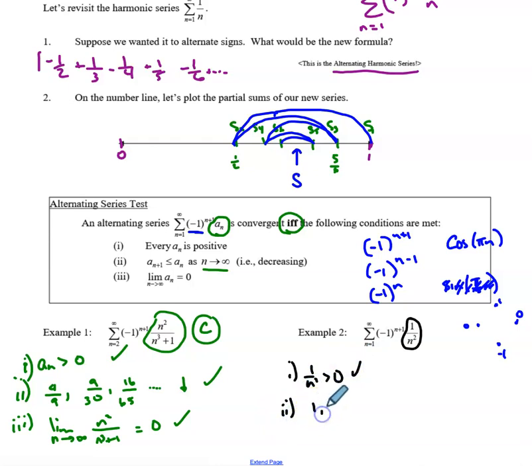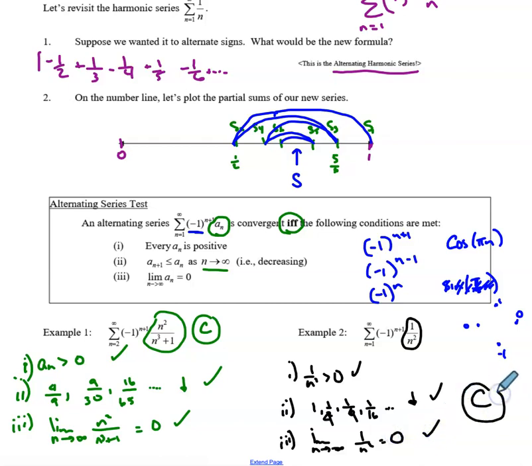Well, the terms are 1, then 1/4, then 1/9, then 1/16, etc. They are decreasing, so this condition is met. And then last condition, what is the limit as n goes to infinity of 1 over n squared? That limit is 0, so that condition is met, and therefore this series converges.